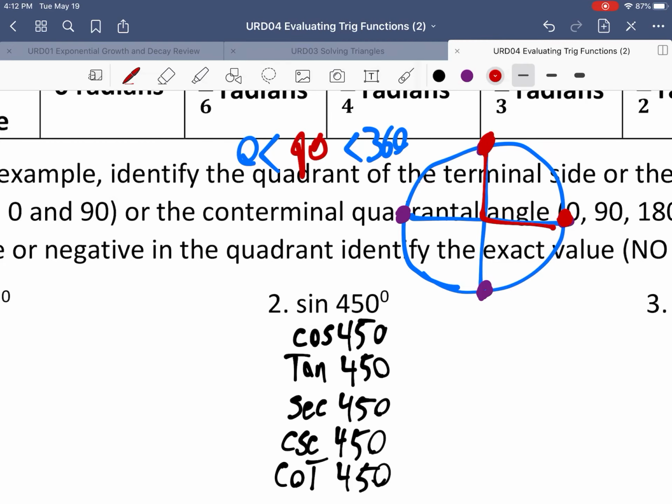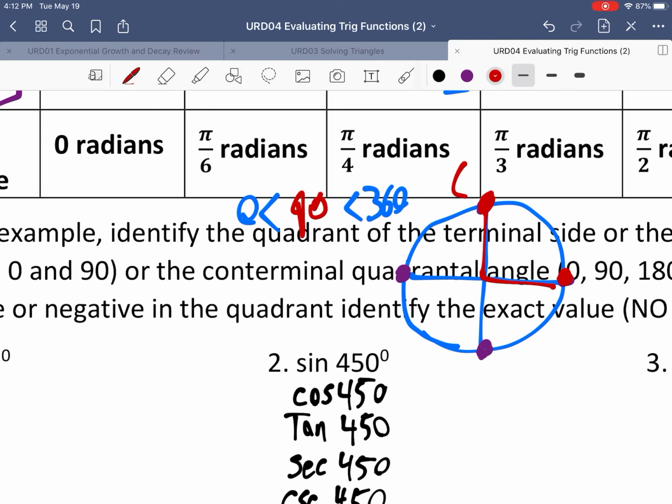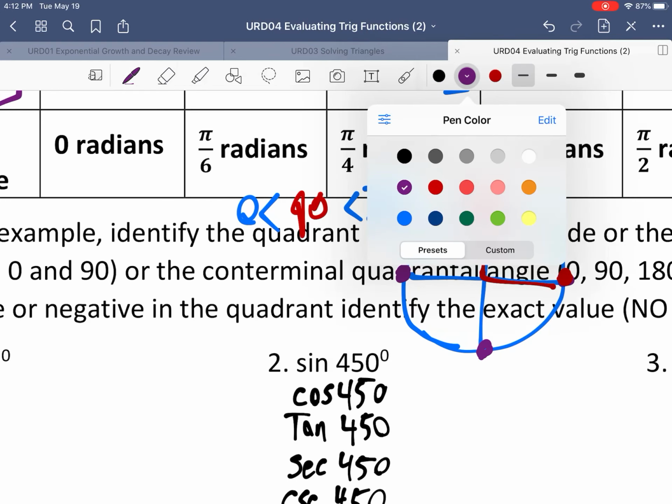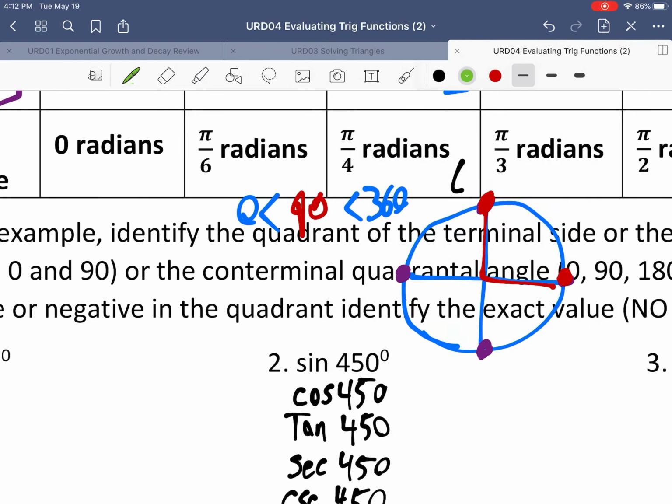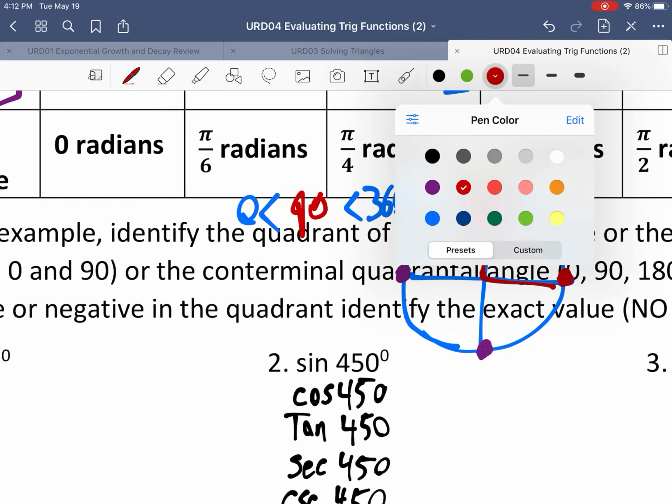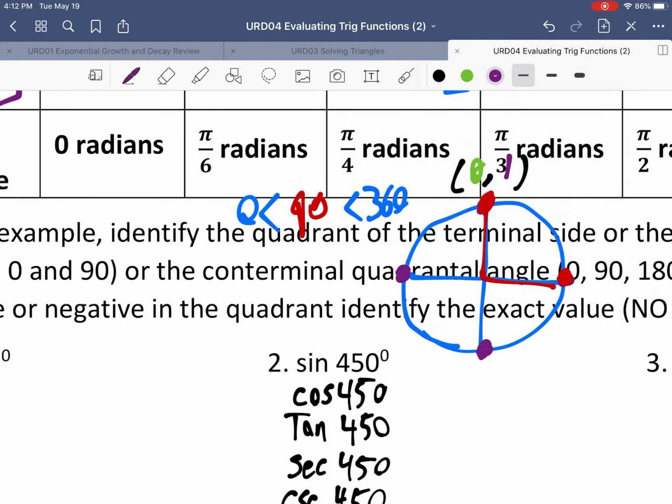So we're just going to say, what is the sine of 90? Well, the sine of 90 is going to be the y value here. So just to point out the coordinates, they are going to be 0, comma, 1. So for the sine of 90, I look at the y value, so that's going to be equal to 1.